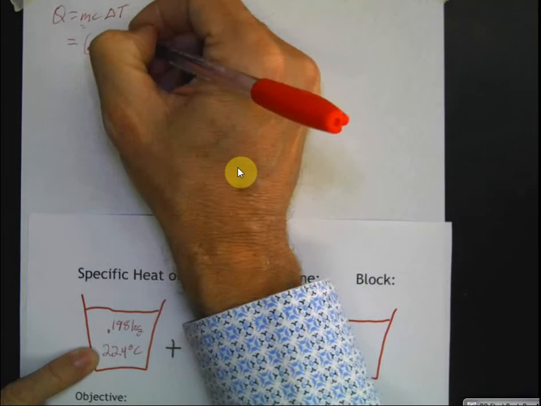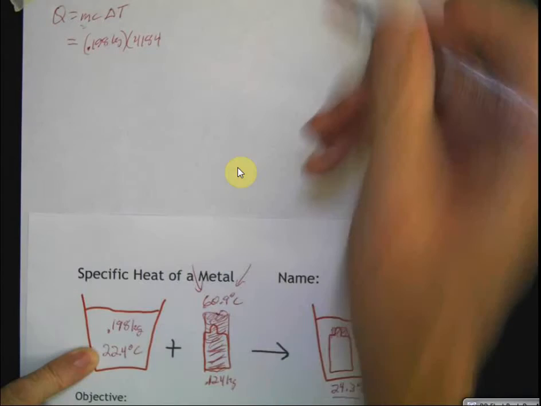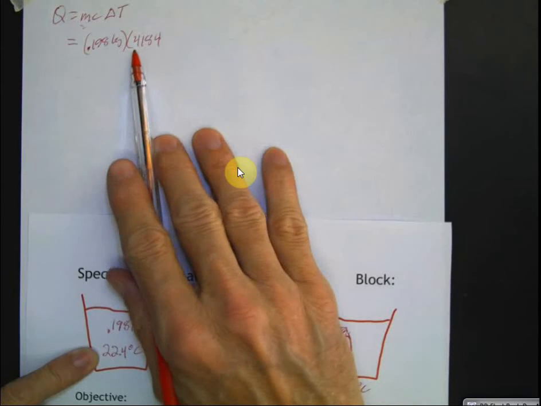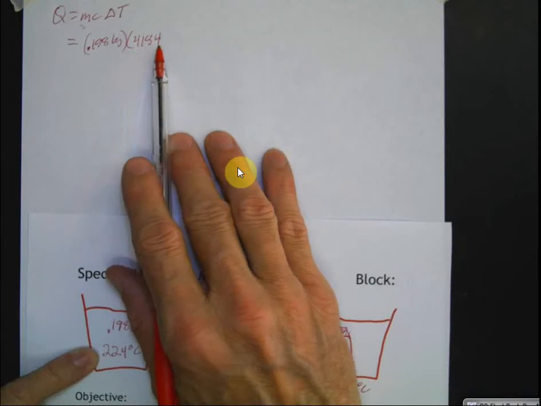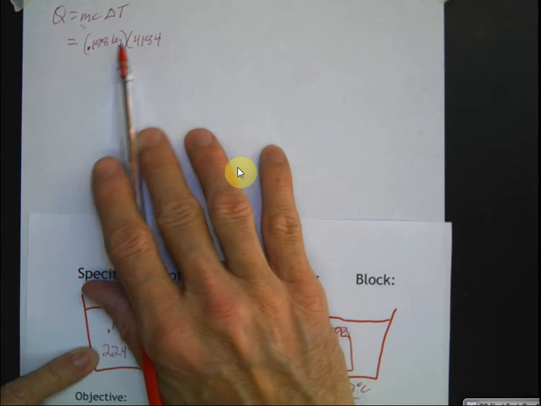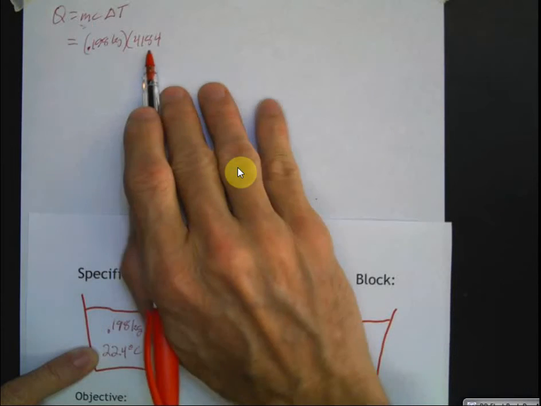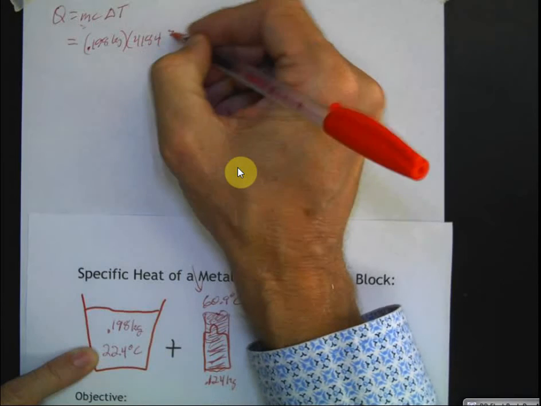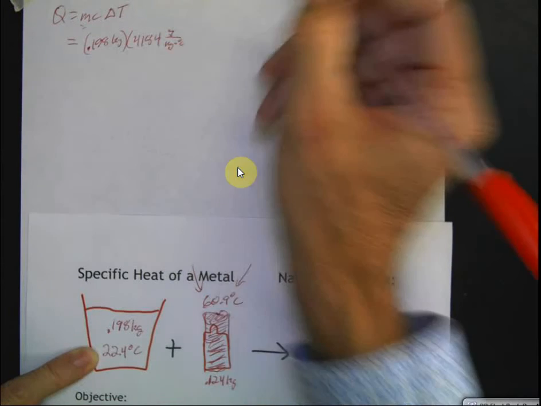We're going to multiply that by the c of water, which is 4,184. Sometimes you'll see 4.184, but we are using 4,184, and that's because the unit we're using for mass is kilograms here. And the units on this c value are a bit complicated. We have joules per kilogram per degree centigrade.